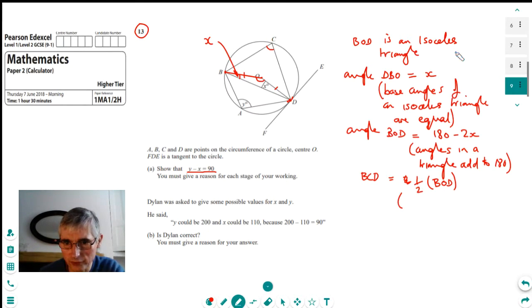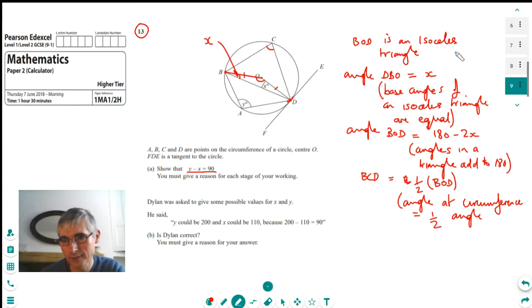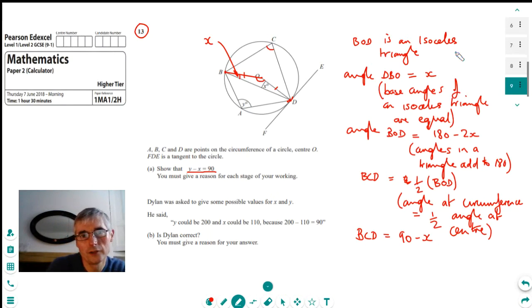So the reason for this is angle at circumference equals half angle at centre. So we can see that BCD is going to be half times 180 minus 2x, which would give us 90 minus x. So we've got this angle here, so we know this one is 90 minus x.